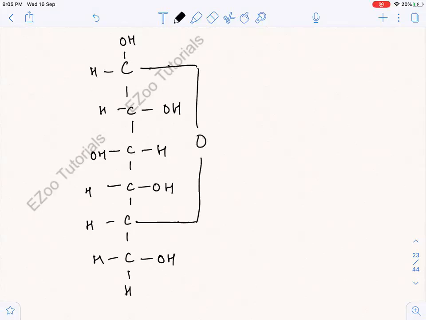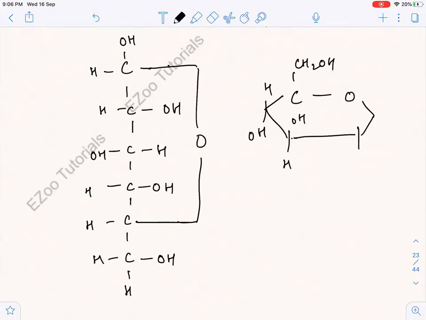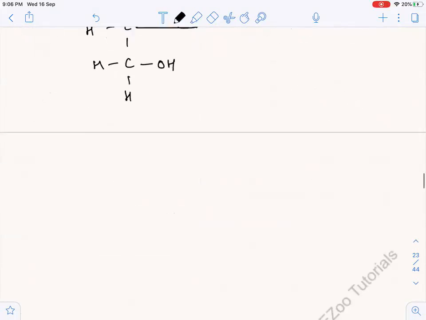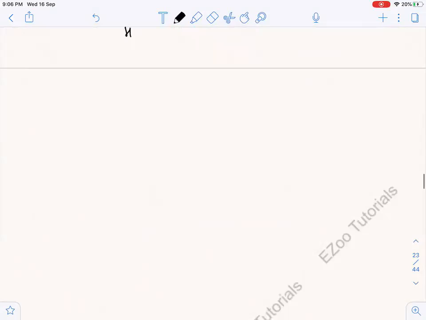So this is a chain form, and now if we convert this into the ring form, what will this become? Don't say you don't know this, please. Right, CH2OH. Right. So guys, in the last video, when we were doing biomolecules, I really focused on all the structures because it's very important to know the structures, right?